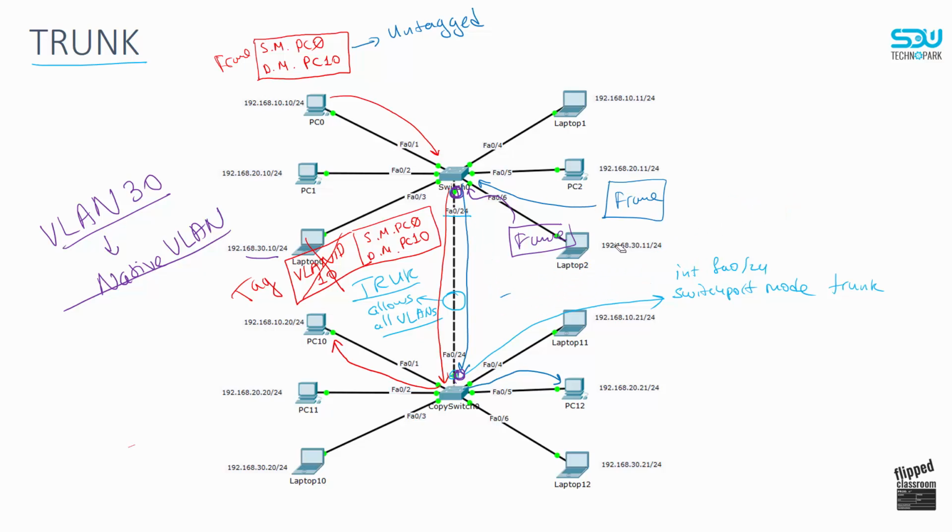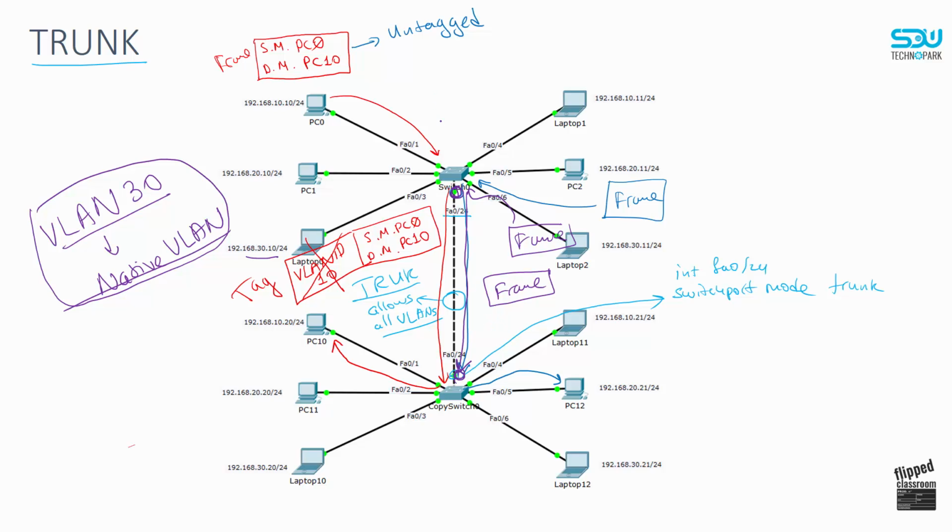Let me delete previous frames. Switch 1 will resend the same frame without any tag defining the VLAN, and this frame will come to switch number 2. If we configured VLAN 30 as a native VLAN, then our switch 2 will understand that this frame is coming from VLAN number 30, and this will be known without a tag.